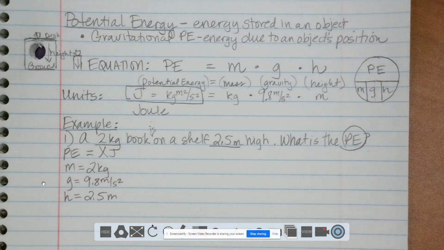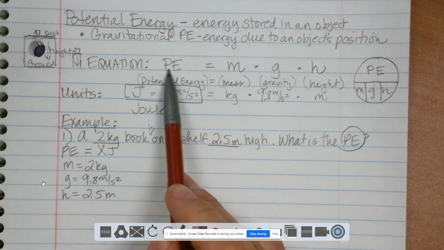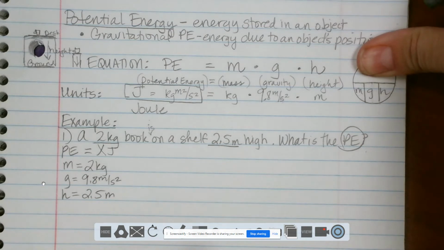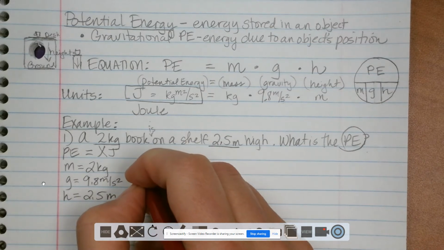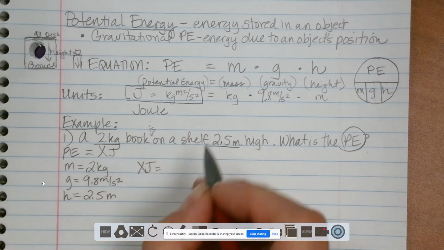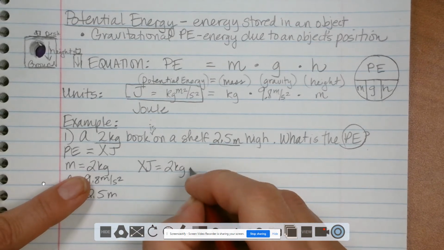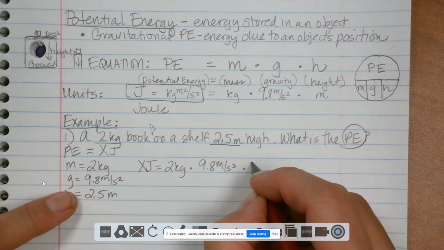I can solve. So I'm going to use my base equation since I'm just looking for PE. But if I forgot the base equation, I could cover up potential energy, and I remember it's mass times gravity times height since they're next to each other. So I'm going to just put it into the equation. PE, which is X joules, equals my mass, 2 kilograms, times my gravity, 9.8 meters per second squared, times my height, 2.5 meters.